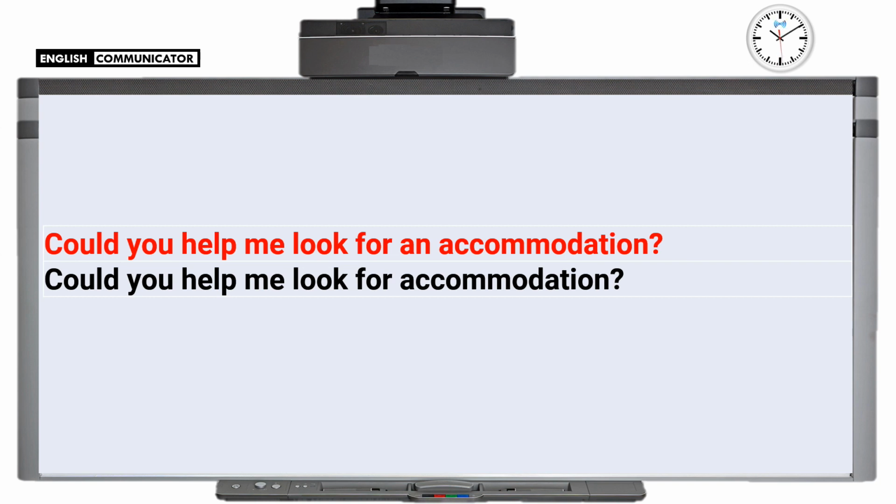It's not an accommodation, and we can't use an or the, because it is an object. An object always directs actions. Could you help me look for accommodation? Or you can also say the accommodation was very nice.